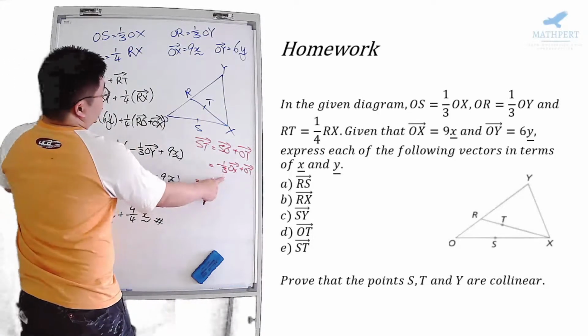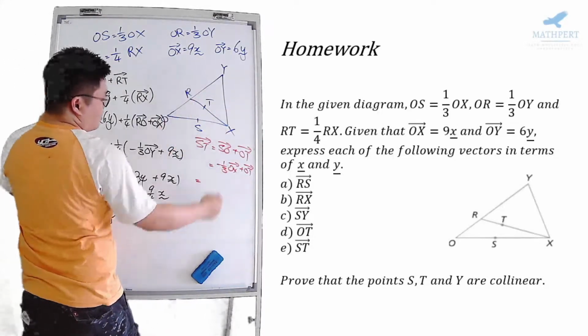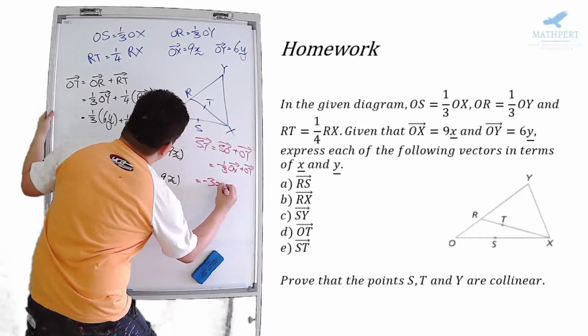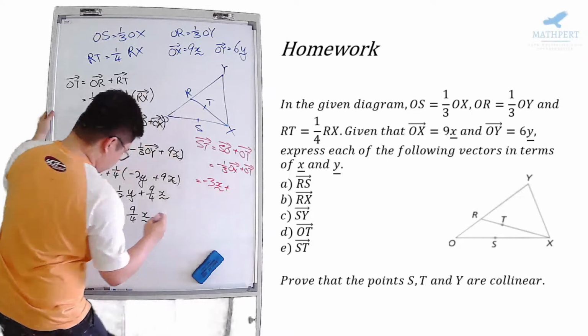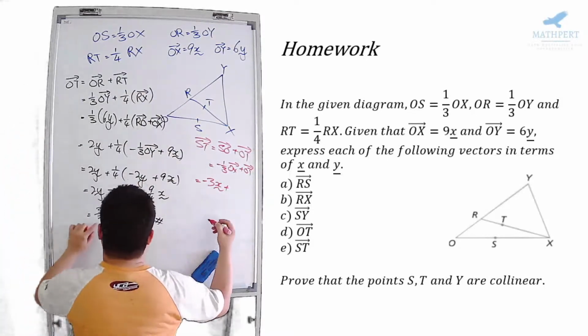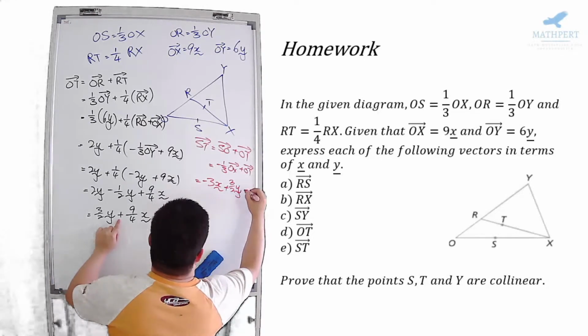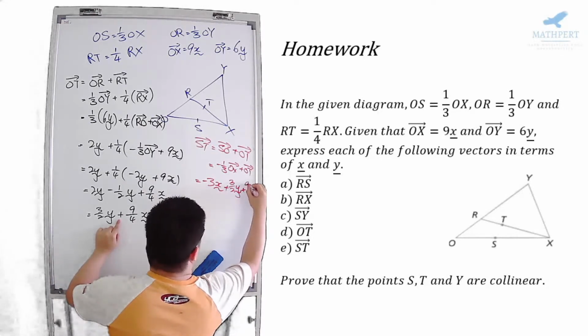So 1 over 3 of 9x, I will get negative 3x plus 3 over 2 y plus 9 over 4 x.